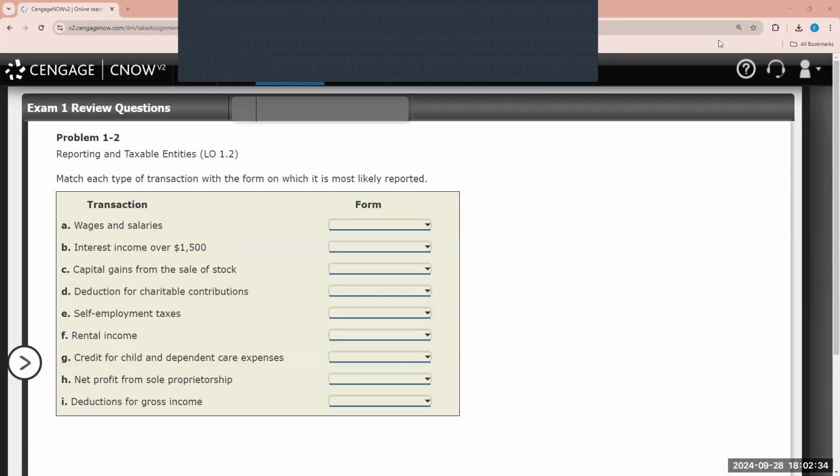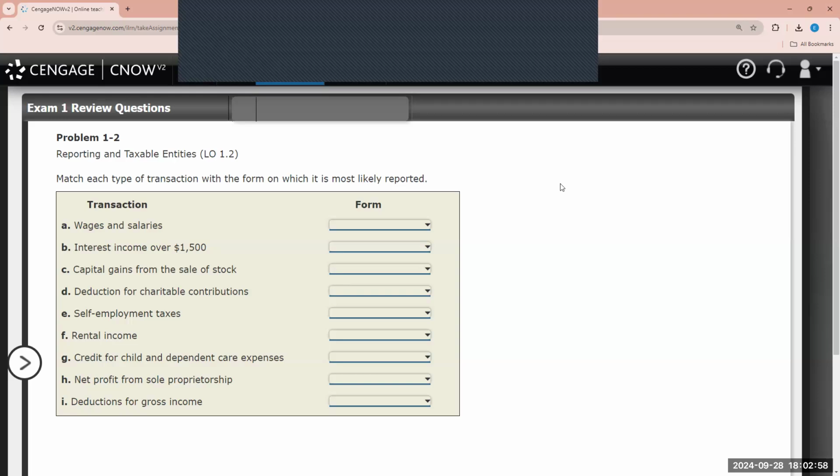For this first problem, it asks us to match each type of transaction with the form on which it is most likely reported. As it relates to taxation, there are various forms and schedules that must be completed in order to file someone's tax return. The most familiar taxable entity is an individual.